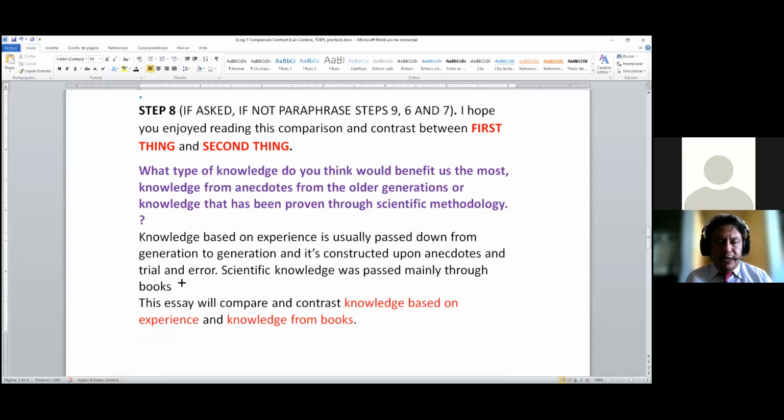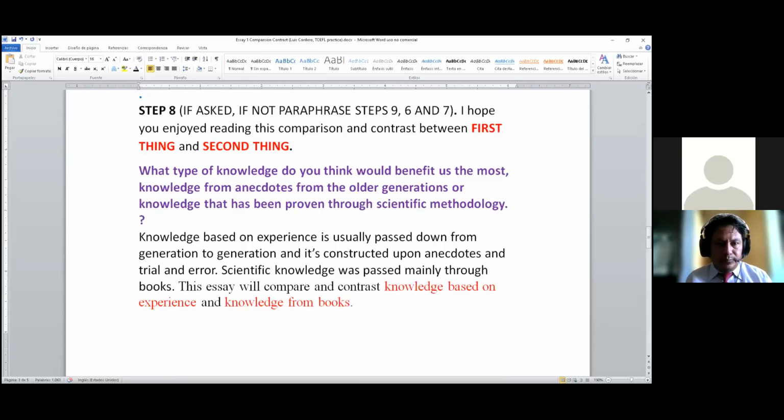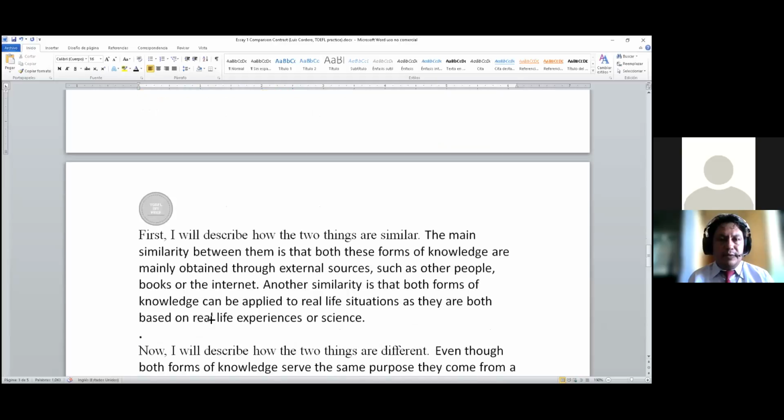After books, I think it is a full stop. This essay will compare and contrast knowledge based on experience and knowledge based from books. Yep, that's good. Next one.